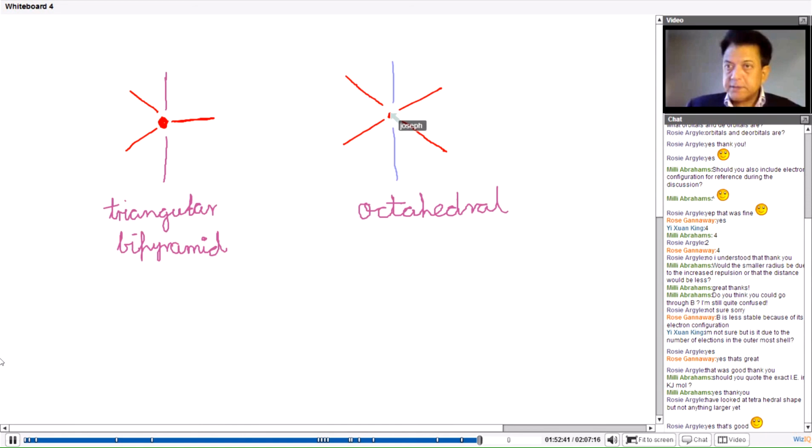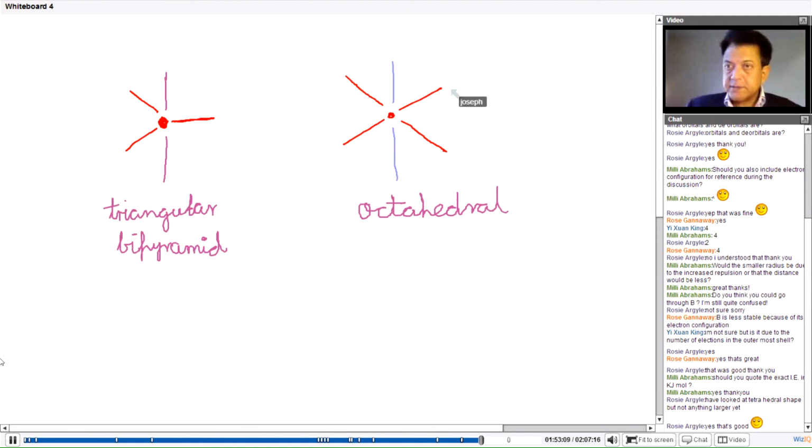It'll be a distorted square pyramid because it'll push these down somewhat to make the angle to the lone pair more than 90 degrees. If there are 2 lone pairs, it'll be a square planar shape with 1 in the center and the 4 at the 4 corners of the square.